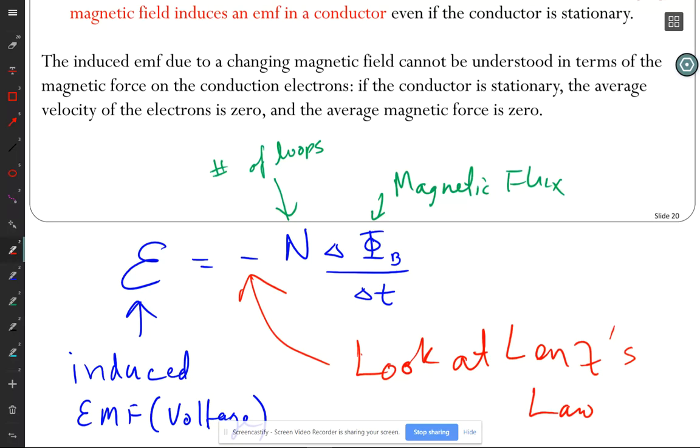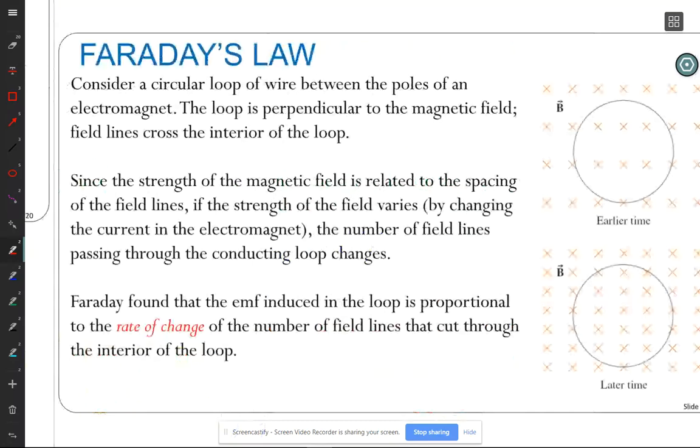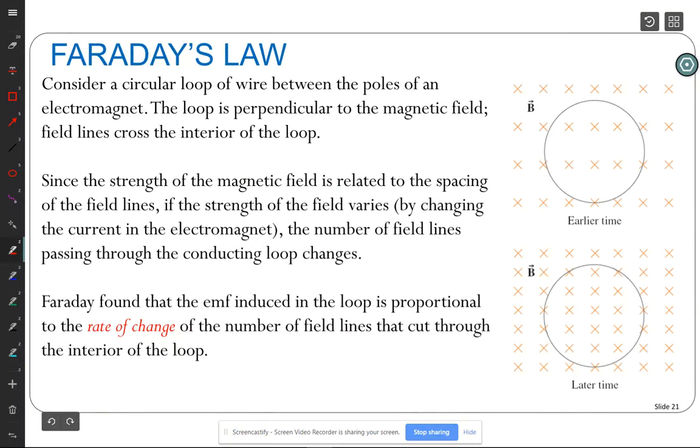So Lenz's law is an important part of Faraday's law of induction. And that minus sign to me just says, look at Lenz's law. In practice, we do have some vector equations that this comes from, and it does come out of the math. They didn't just put it there to remind us of Lenz's law, but that's the way it should work for you. So here's an example of Faraday's law of induction.